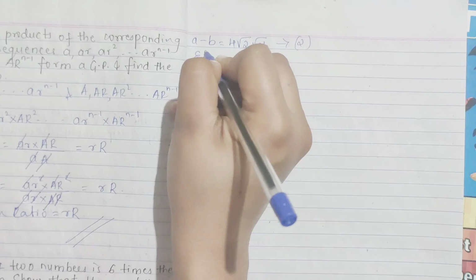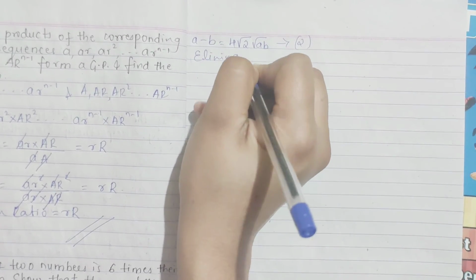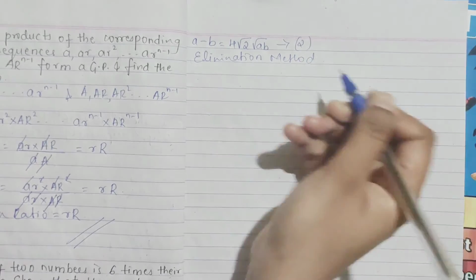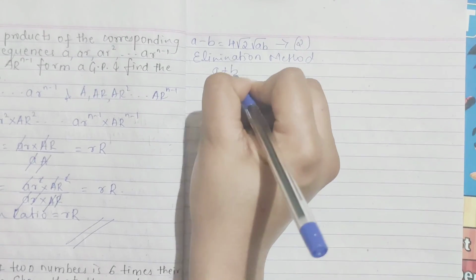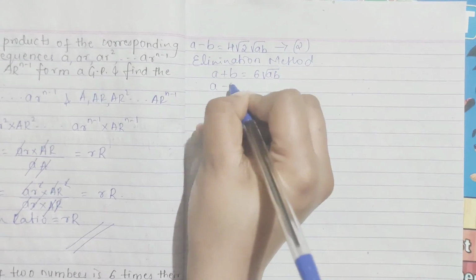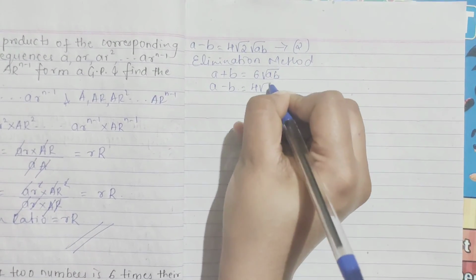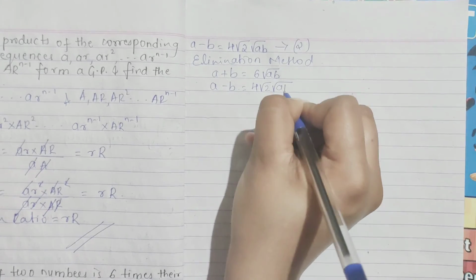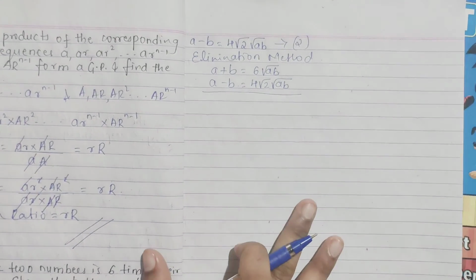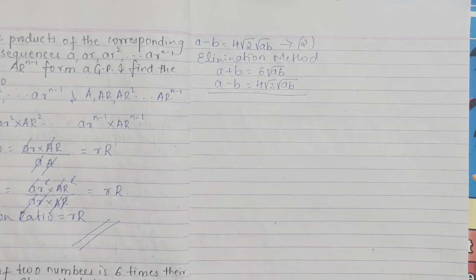Now we will do our elimination method, that is solving equations 1 and 2. Equation 1 is A plus B equal to 6 root AB. Equation 2 is A minus B equal to 4 root 2 root AB, right? You have already done this in quadratic equations in 10th standard.